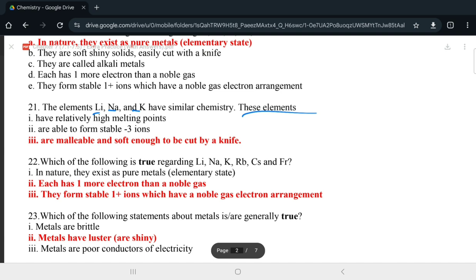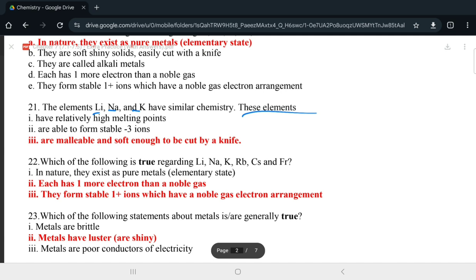Lithium has a really high melting point compared to sodium and potassium. So although all 3 have high melting points, they don't have similar high melting points, and compared to some other elements, they have lower melting points. This is why we don't say relatively.